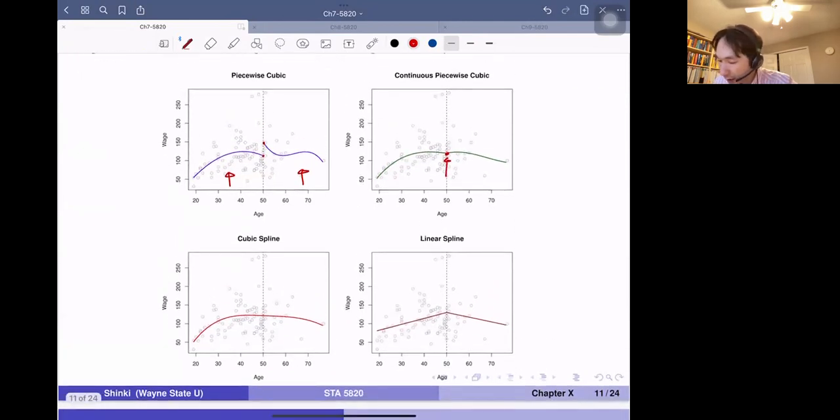And the cubic spline is here, so it's very smooth and looks natural. Maybe it's not as natural as one cubic curve, but at least it's very smooth here.